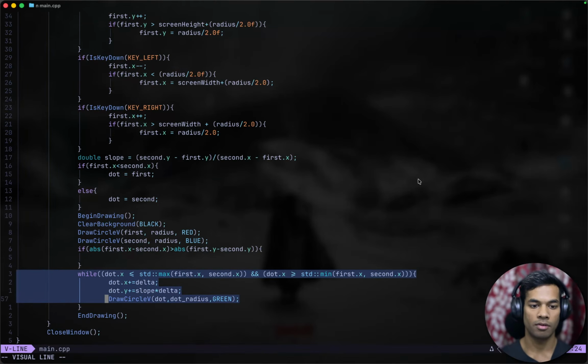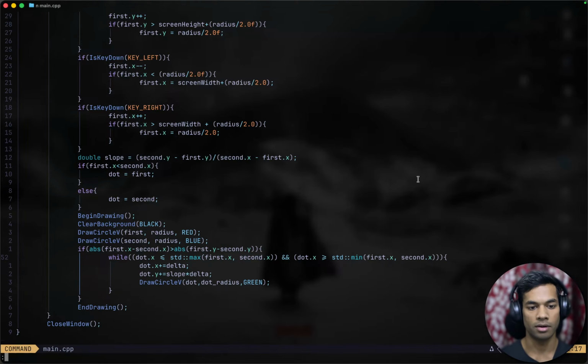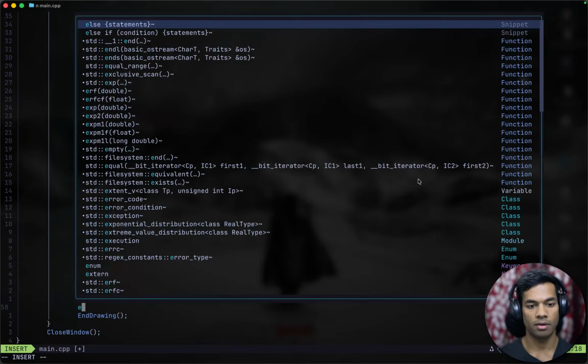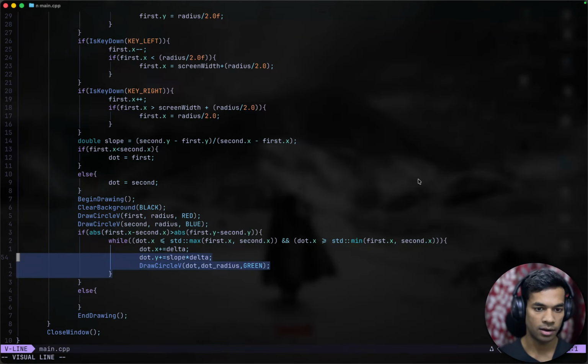If there is more distance in the x direction, then we will move the delta in the x direction. Otherwise, we'll move the delta in the y direction.